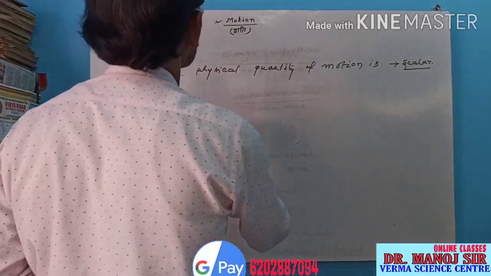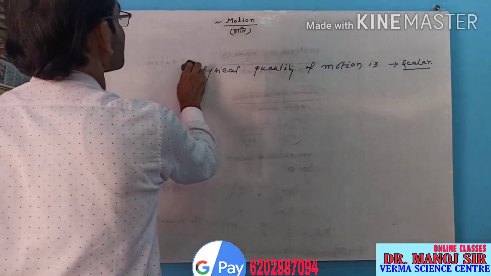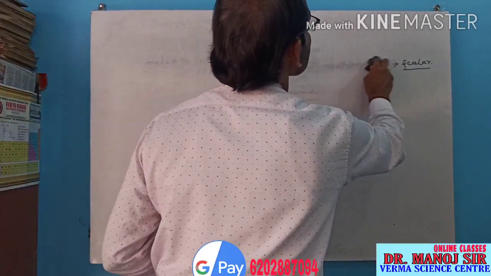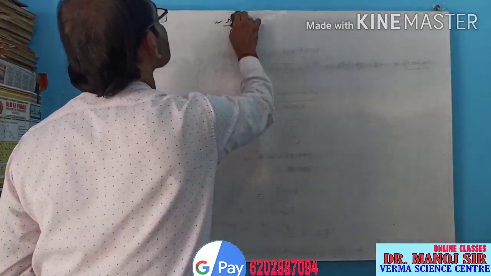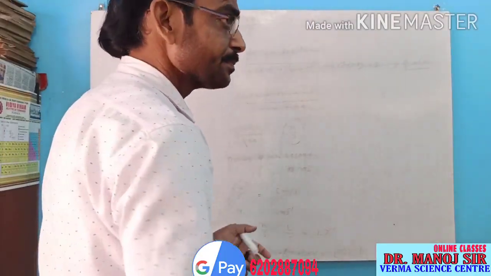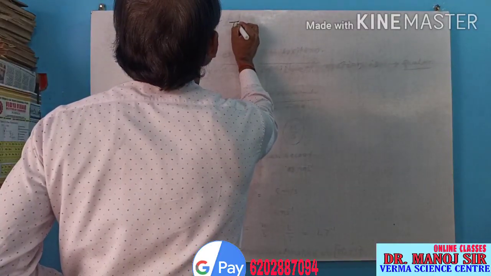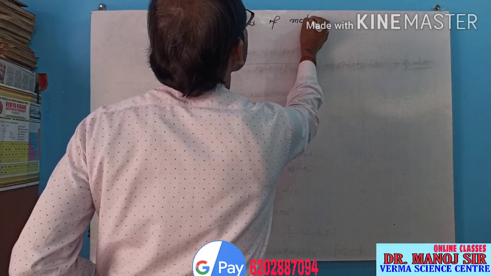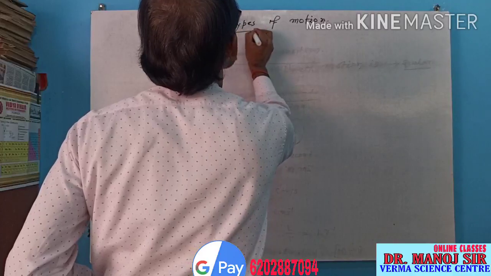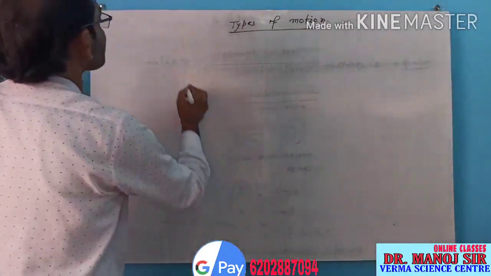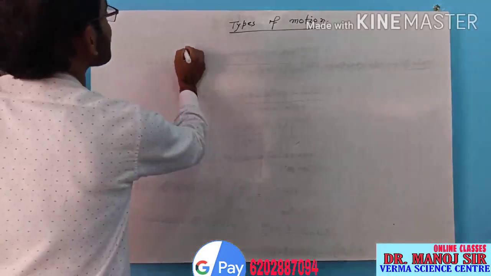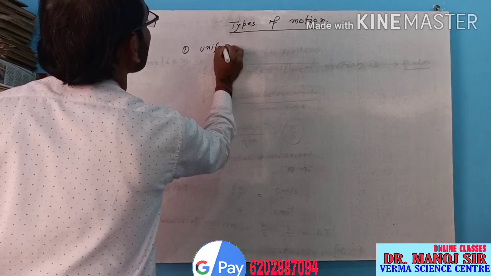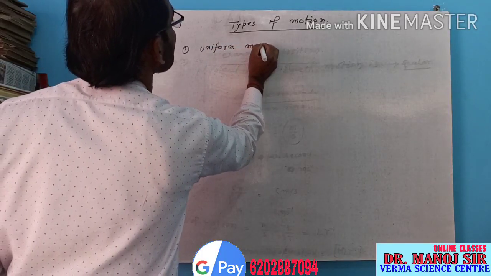Now we have to study the types of motion. There are two types of motion. First is uniform motion.